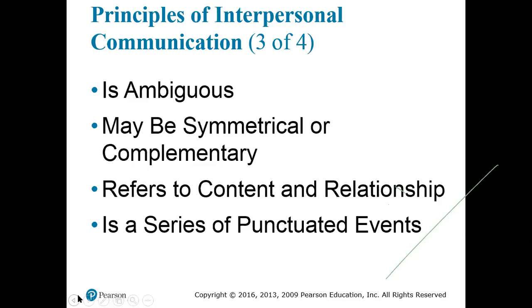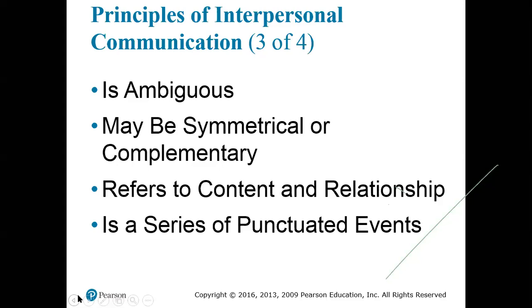In some cases, interpersonal communication is symmetrical, which means that people will mirror each other's behavior. A simple example is a couple that fights a lot. He's fighting because she's fighting, because he's fighting, because she's fighting. Then there are some that are complementary, which is basically he's reacting one way to her because she's doing this, and it can be a good thing or a bad thing.